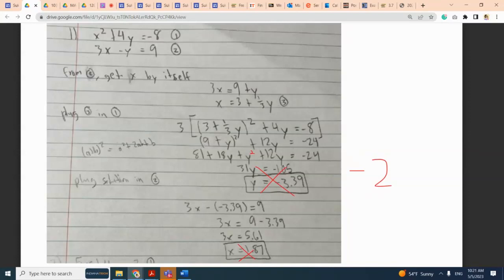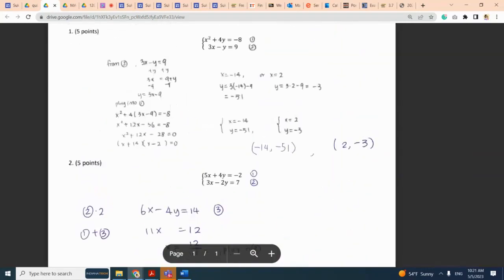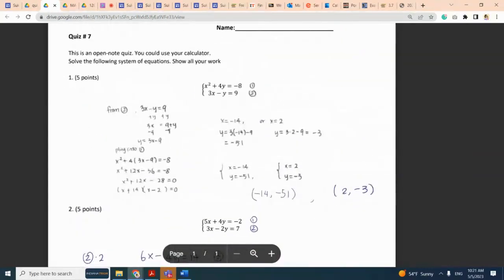Do you realize this method may be harder than the method in the solution because you involve fractions? Okay, and you see the numbers 81 and 18 are so big compared to our solution. Our solution, I just get x squared, 12x, and negative 36.